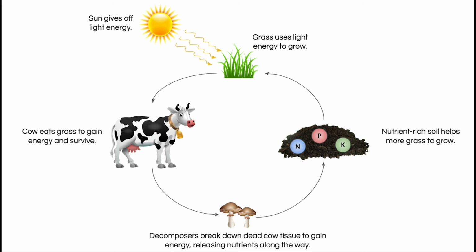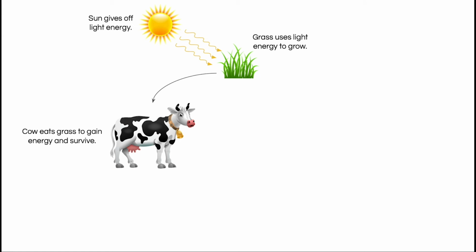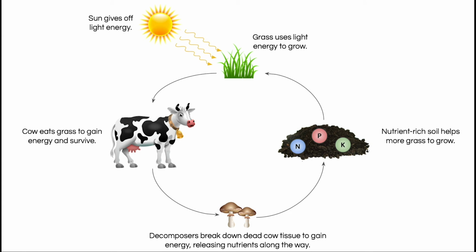Let's break it down. First, the sun gives off light, which is converted to food and energy by grass, a producer. A consumer like a cow will come along and eat the grass, gaining energy from it. When the cow dies, decomposers will get energy by breaking down the cow's tissues. During this process, the decomposers release nutrients into the soil.